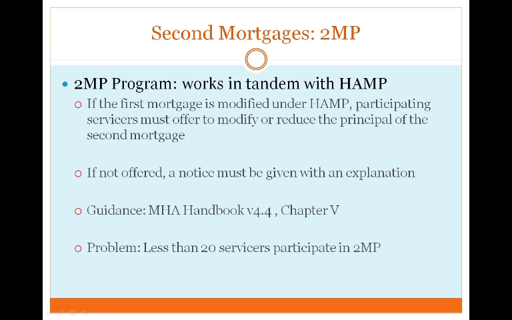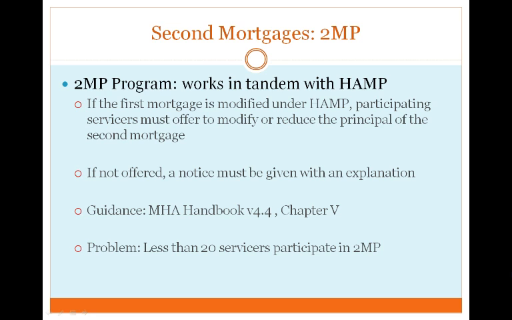I would like to go through the 2MP program. The 2MP program works in tandem with HAMP, the Making Home Affordable Modification Program. If the first mortgage is modified under HAMP, servicers that are participating in the 2MP program must offer to modify or reduce the principal of the second mortgage, or give a notice with an explanation as to why that cannot be done.